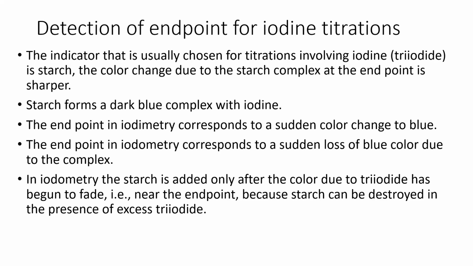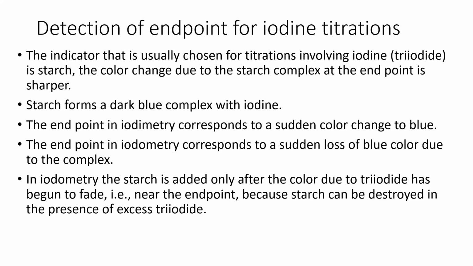So in iodometry, the starch is added only after the color due to iodine has begun to fade. We don't add starch at the beginning of the titration. It is by the time you are doing the second titration with the thiosulfate that you add starch, because the starch can be destroyed in the presence of excess triiodide when you start your experiment.